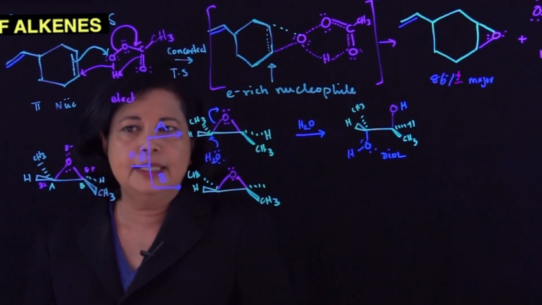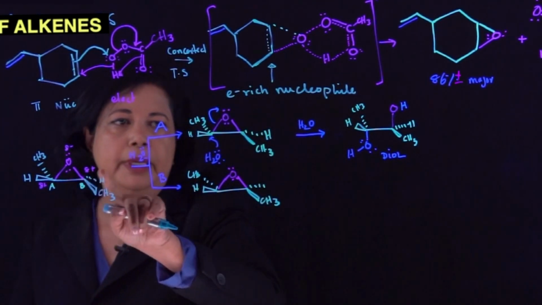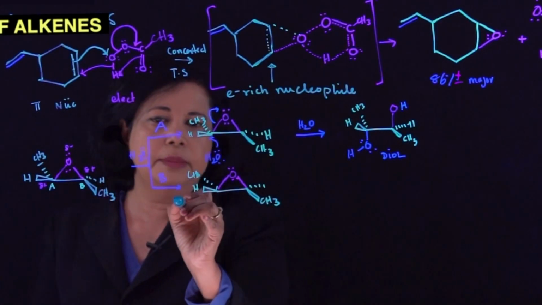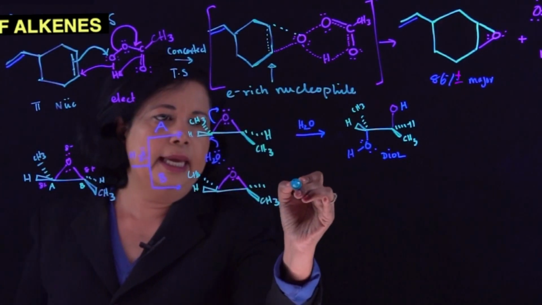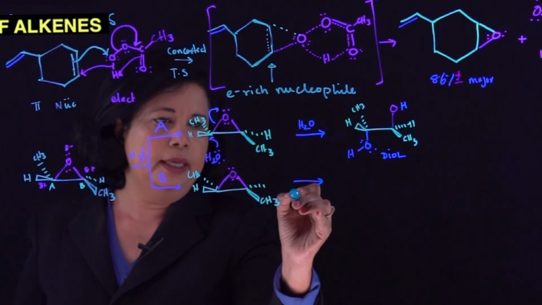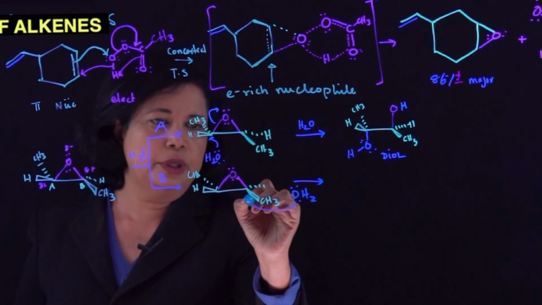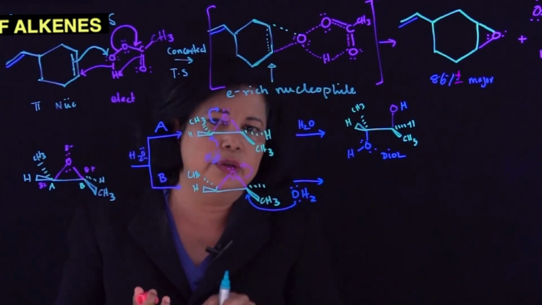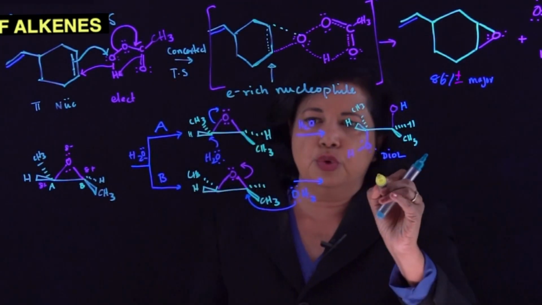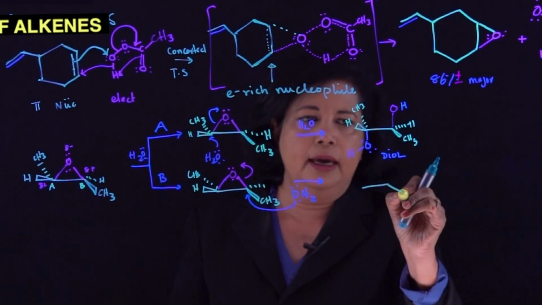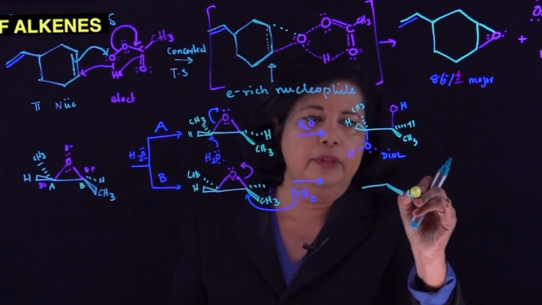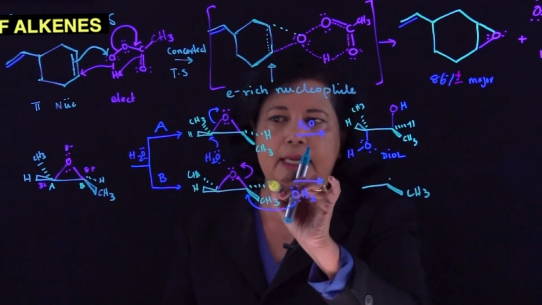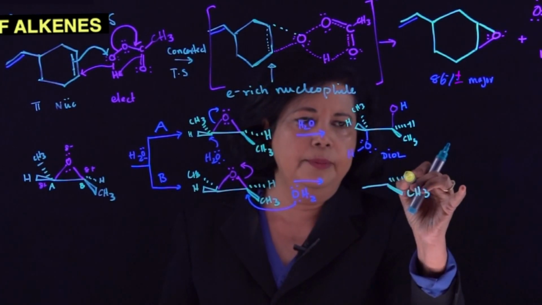All right, let's look at this. So here your attack at B, your water molecule comes in and attacks at B. And it's the same story all over again. It flips up that oxygen to relieve that really nasty ring strain. And now you have your methyl and your hydrogen in the same places. They don't go anywhere.